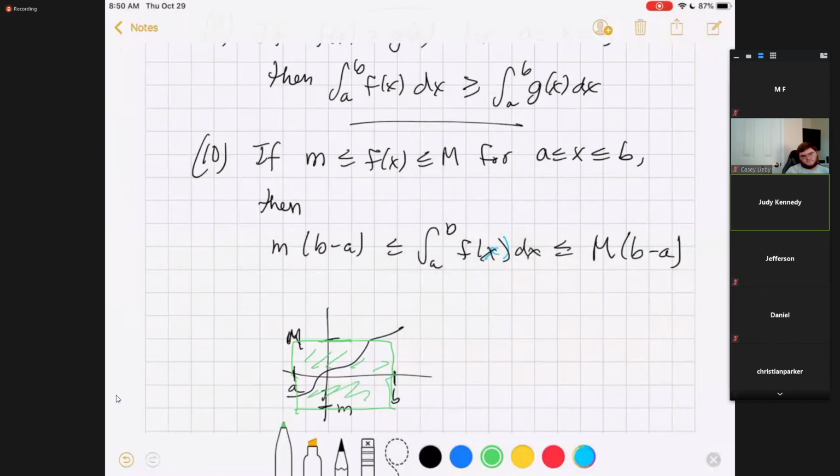Not quite. I didn't draw that right. Okay, let's see. My F should not be sticking out there. Because of this property right there. So there, that's better.